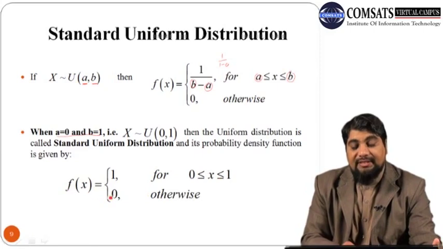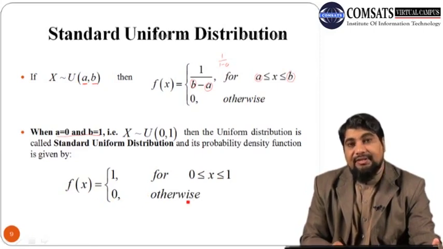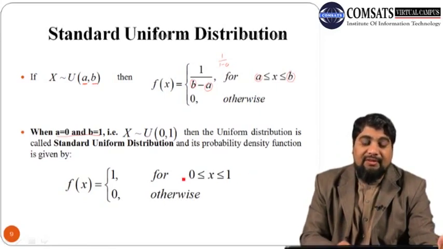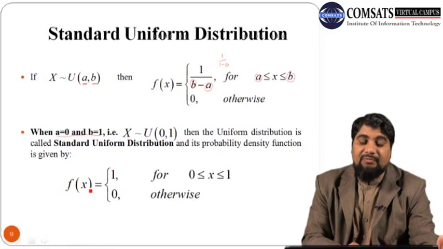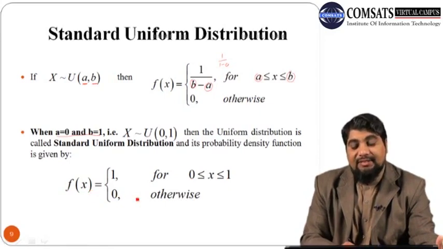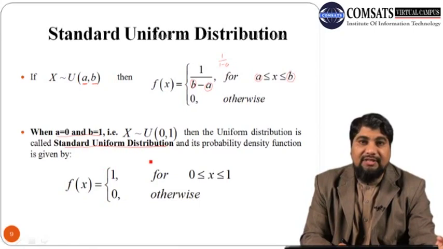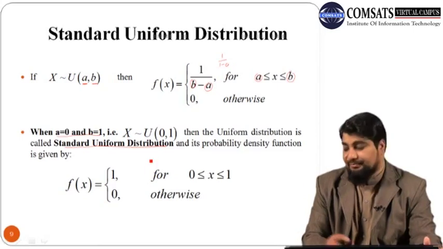And this f of x is 0 otherwise. It means when x is greater than 1 or when x is less than 0, the value of this probability density function is 0. So this is called standard uniform distribution. In case of standard uniform distribution, the range of random variable x is from 0 to 1.